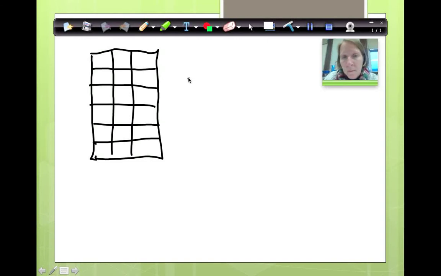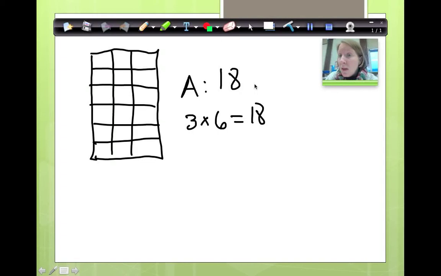We would write a capital A for area. What is the area of this rectangle? Well, this is 6 rows of 3. What would that be? That's 18.